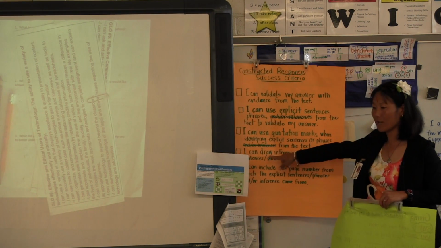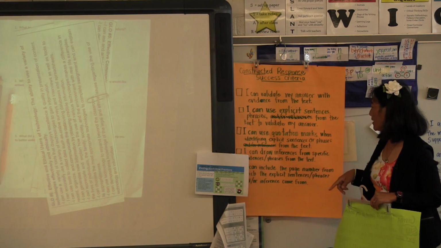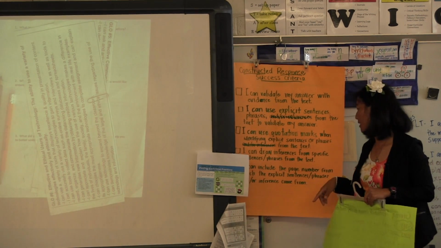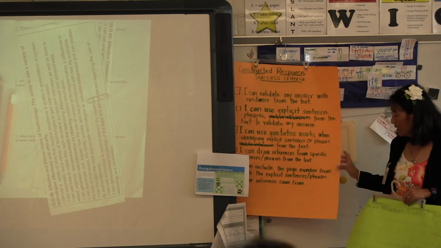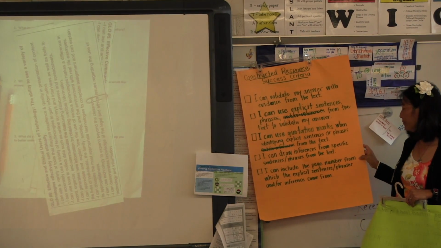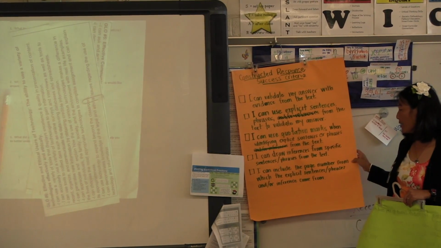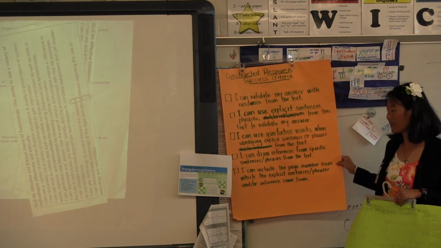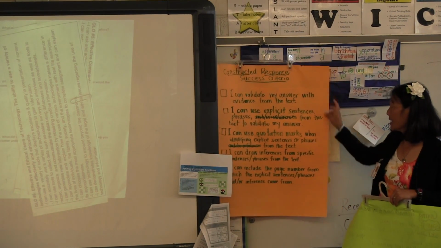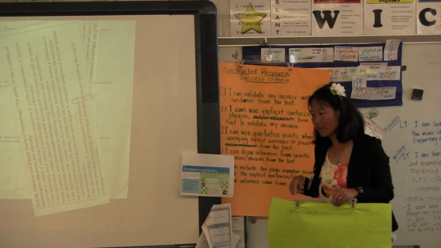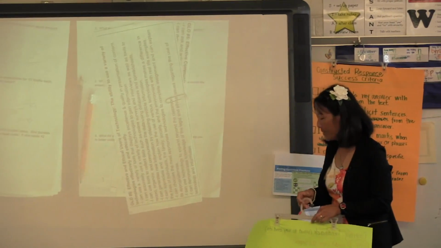I can also do what? Draw inferences from specific phrases from the text. And I can include the page number which the explicit sentence or phrases came from. Okay, so here's my success criteria. It's also on my paper, so that'll help me.